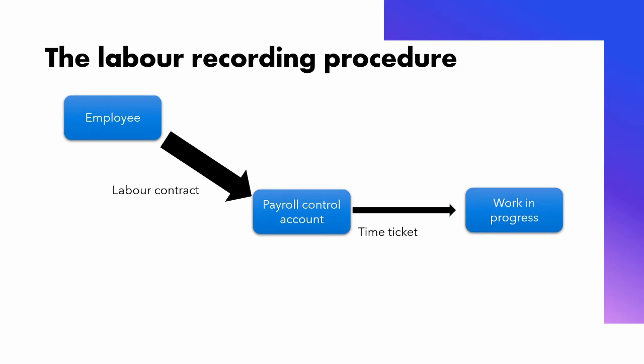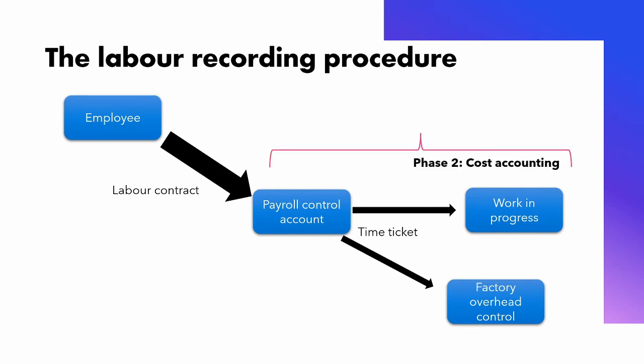We also need to be aware that some time might not be related to a specific job. It may rather be related to the factory as a whole, such as for maintenance. In such a case, we would allocate the payroll cost to the factory overhead control account. We will have a look at the factory overheads in our next video. This second phase of accounting for our labor is known as the cost accounting phase.